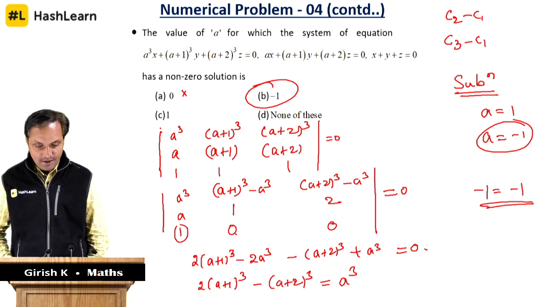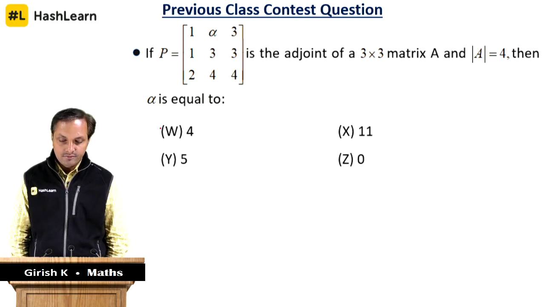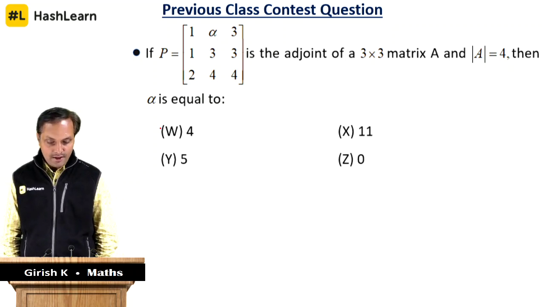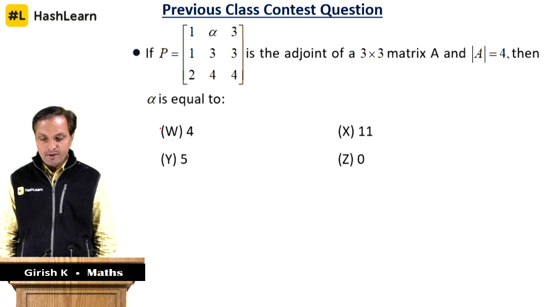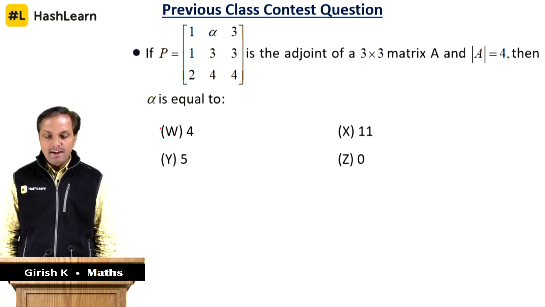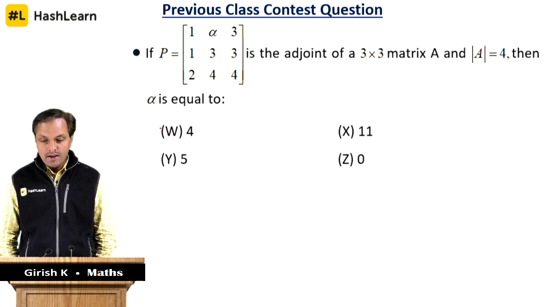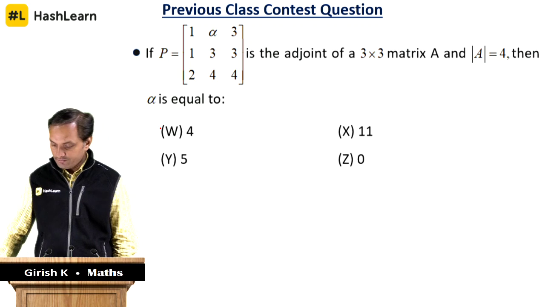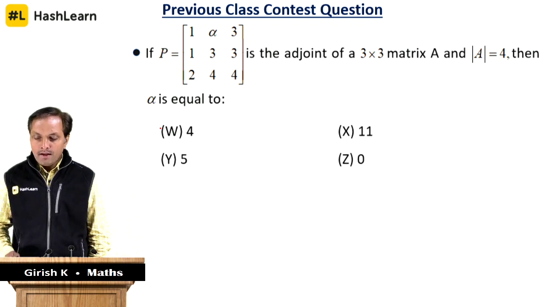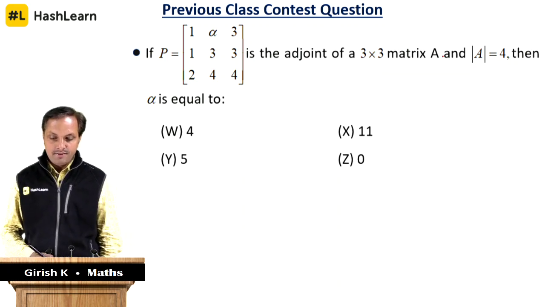Your next problem is a previous class contest question, and unfortunately no winner, no one has responded correctly. Here they have given you P is a given matrix 1 alpha 3, 1 3 3, 2 4 4, is adjoint of 3 cross 3 matrix A, and determinant of A is 4. Then what is alpha?